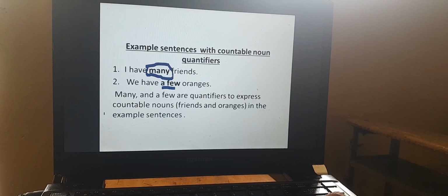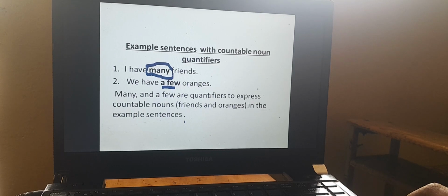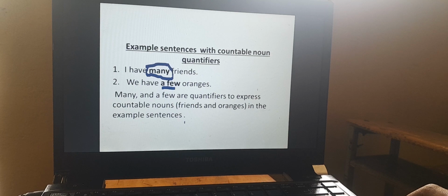Look, many and a few are quantifiers to express countable nouns, friends and oranges, in the example sentences. So please make for yourself similar sentences and try to have more understanding on how to use quantifiers to express countable nouns.